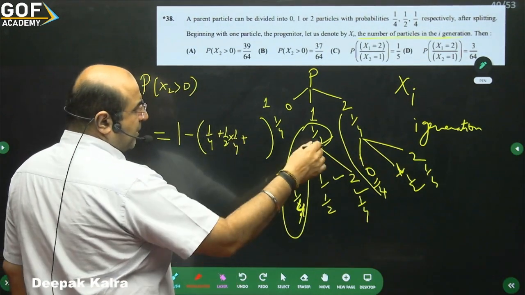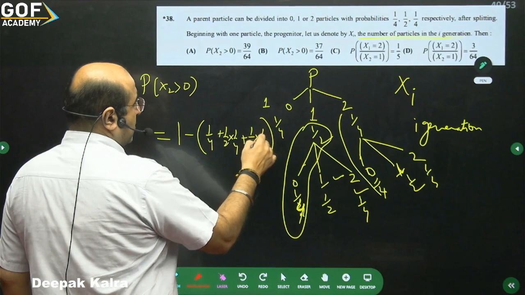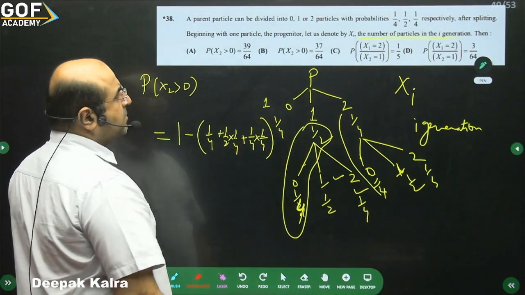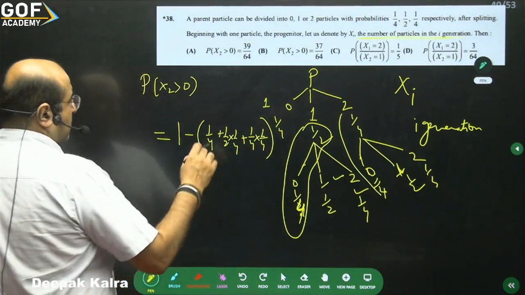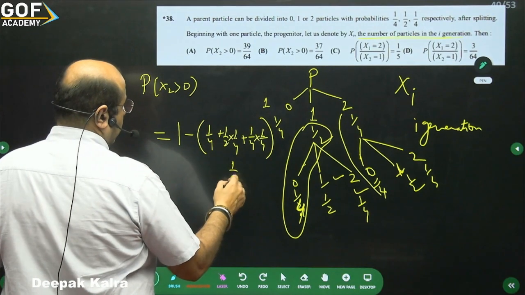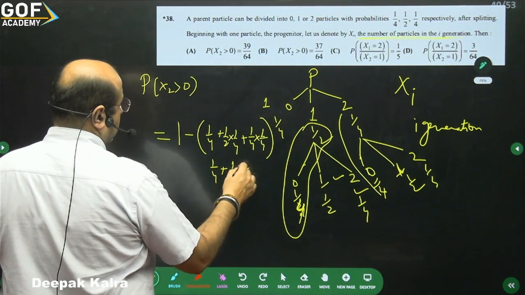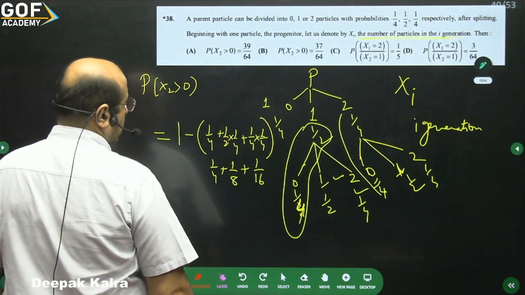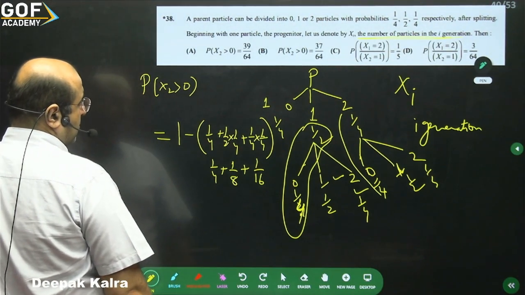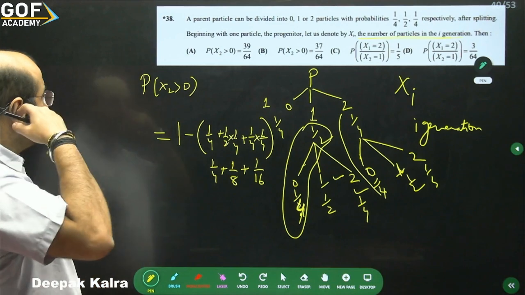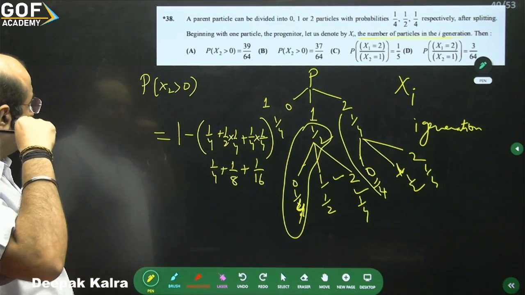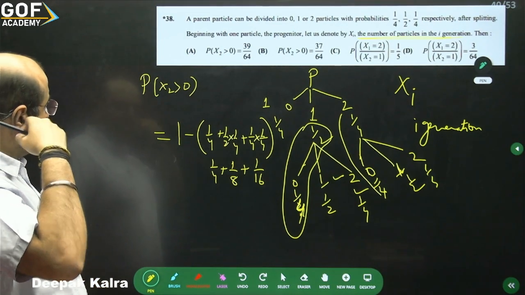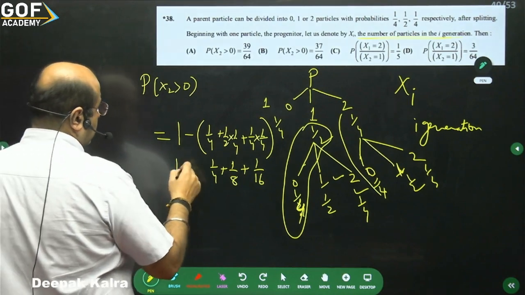So let me complete it, then I'll let you know. I guess we'll get the answer with this. 1 over 8, 1 over 4, 1 over 16. One minus this should work.